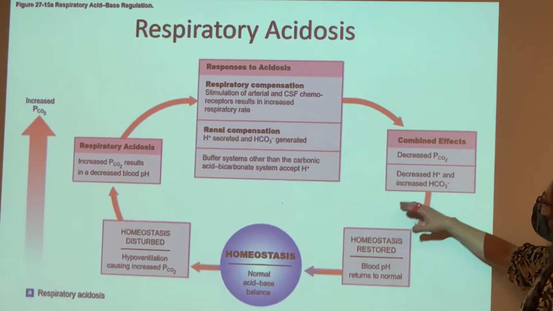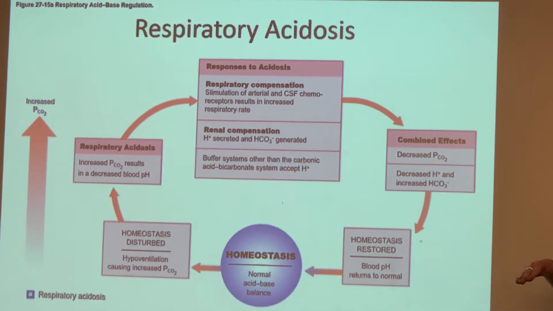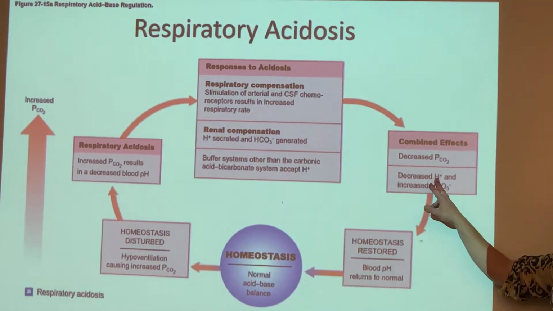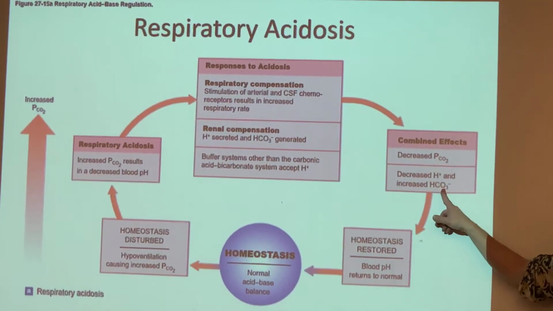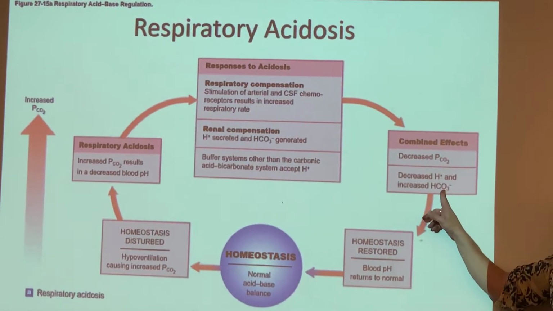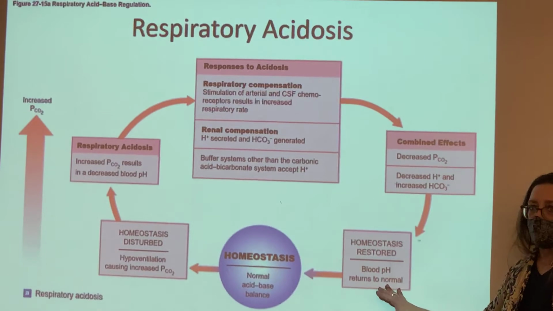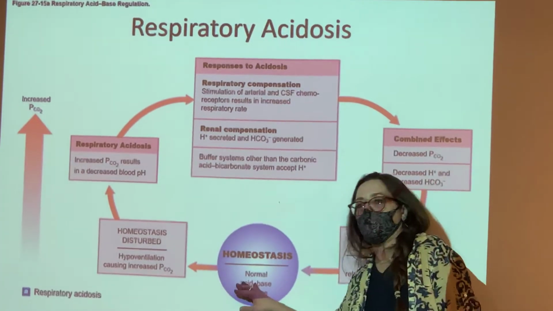If we can do that, then our CO2 levels will drop. At the DCT, our hydrogen ion levels will drop, and we will increase bicarb because we'll be reabsorbing it. That should then get our blood pH back to normal, and then we're back at homeostasis.